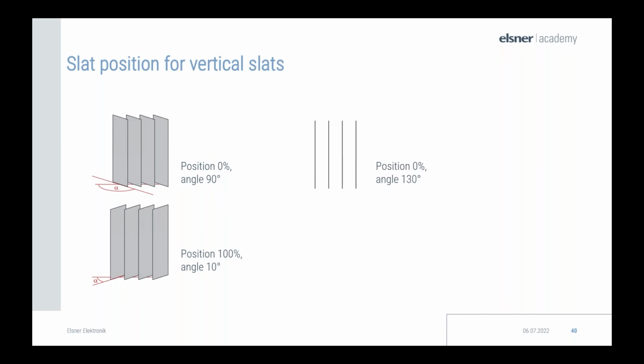The angle is, for example, 130 degrees at 0% slat position. Here we have a look at the parameters. This must be measured as well with a set square, or you need to request the information from the shading manufacturer. The determined values are then entered in the parameters. You can see that right below.